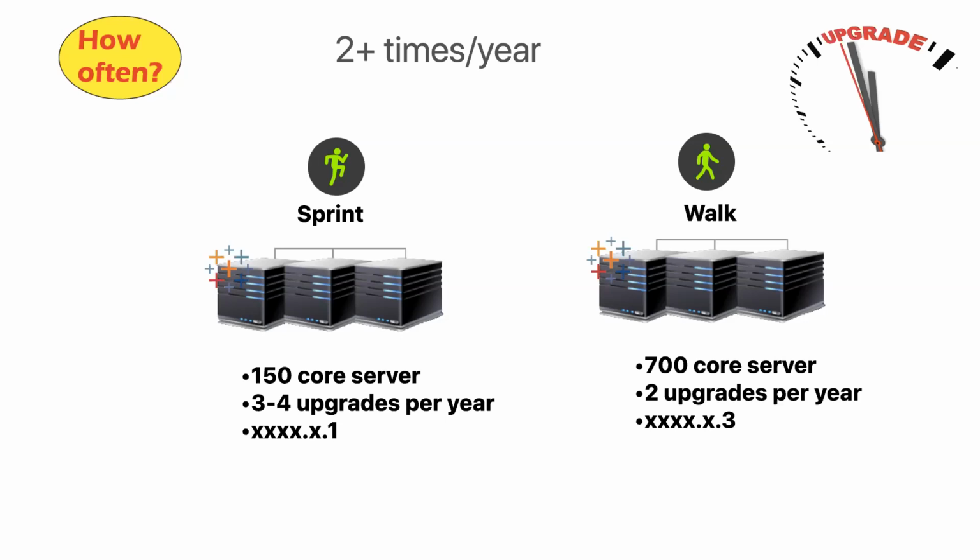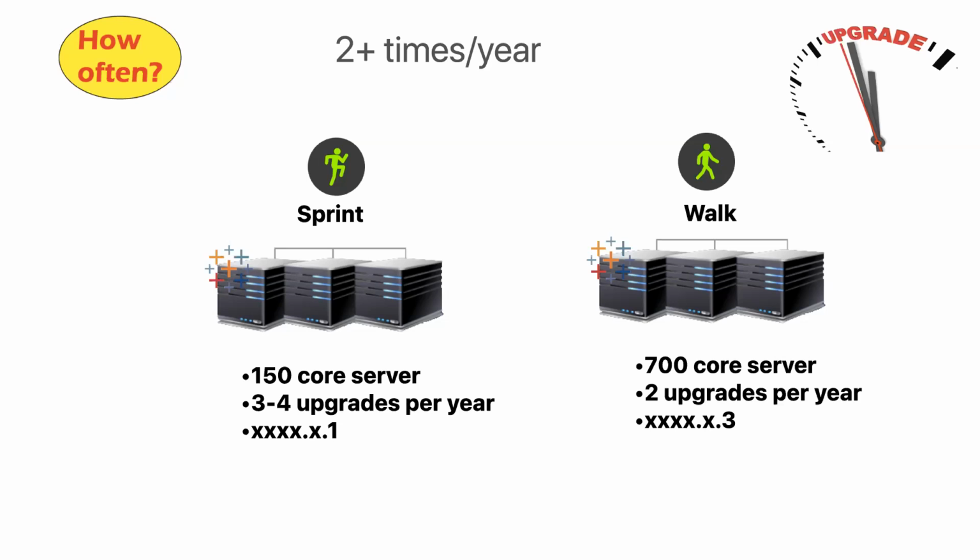On the left side, with about 150 cores, we upgrade 3 or 4 times a year. Which version do we go to? We go to the maintenance .1 version, which means we start testing with the .0 version. A test cycle is about a month. Then we go to production with .1.